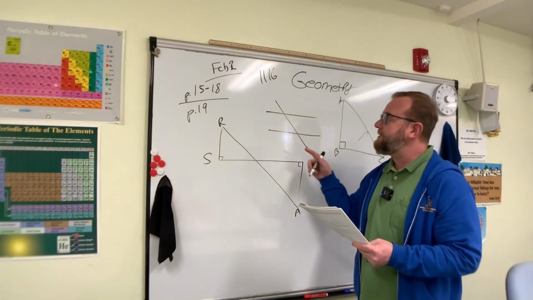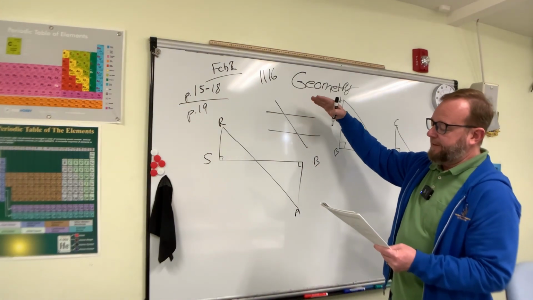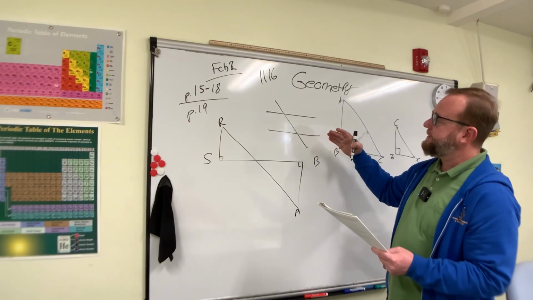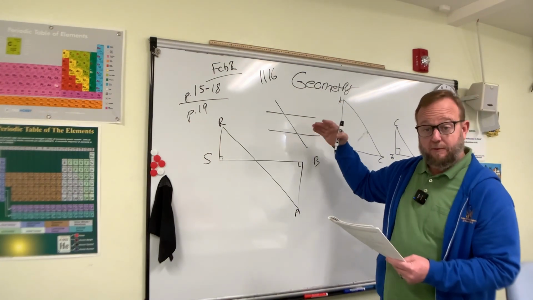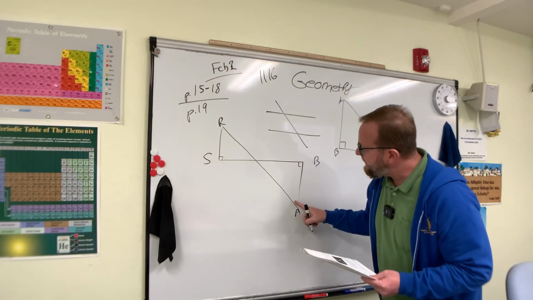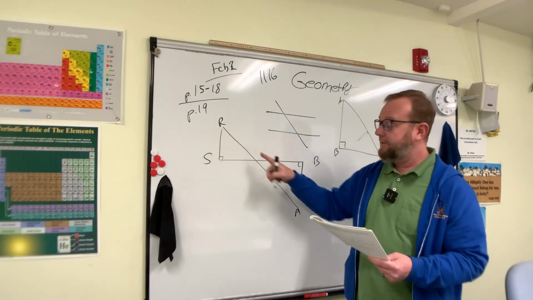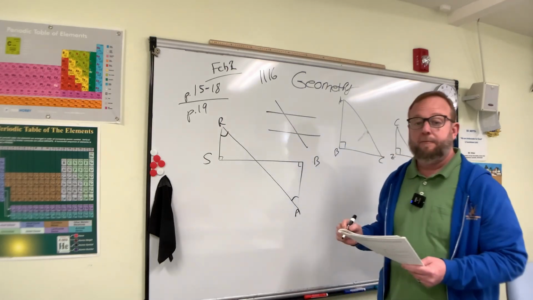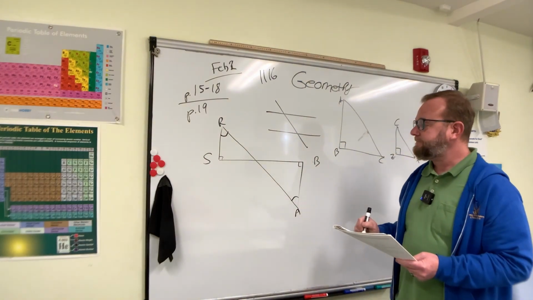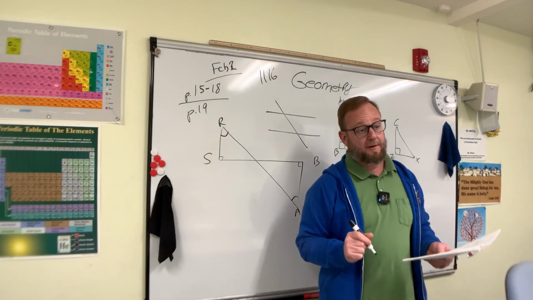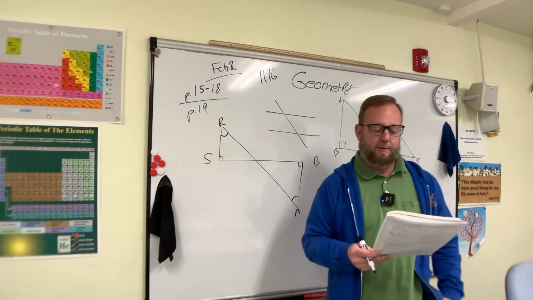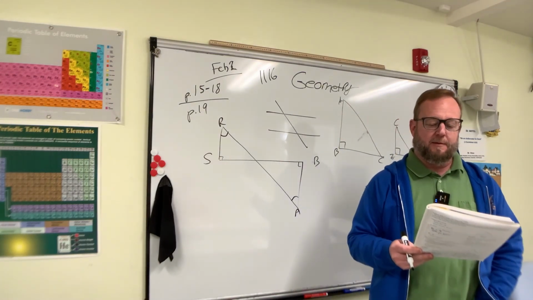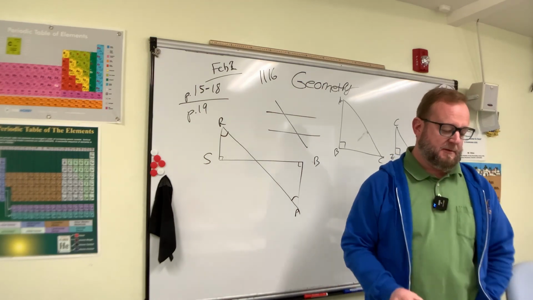We know that if a transversal intersects two parallel lines, then the alternate interior angles are congruent. Would this be alternate interior angles? So I'd be able to say that is congruent to that. Yes? Then that would work. Now I can prove that my triangles are in fact similar.